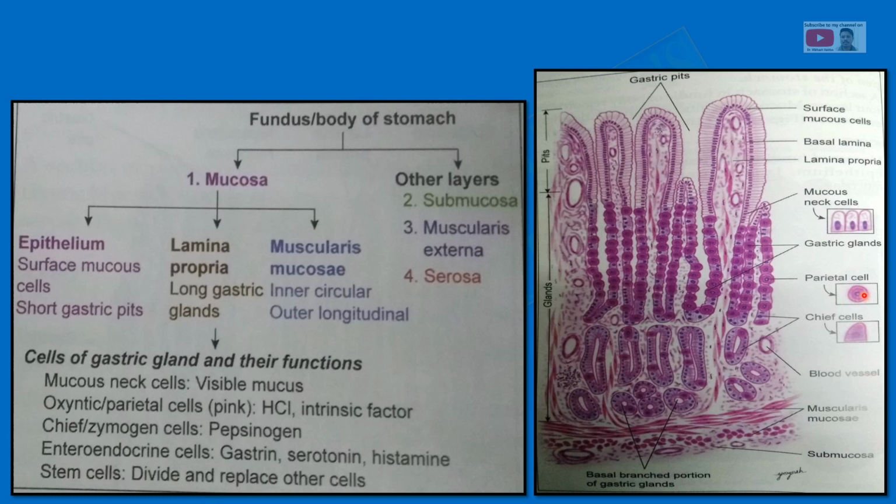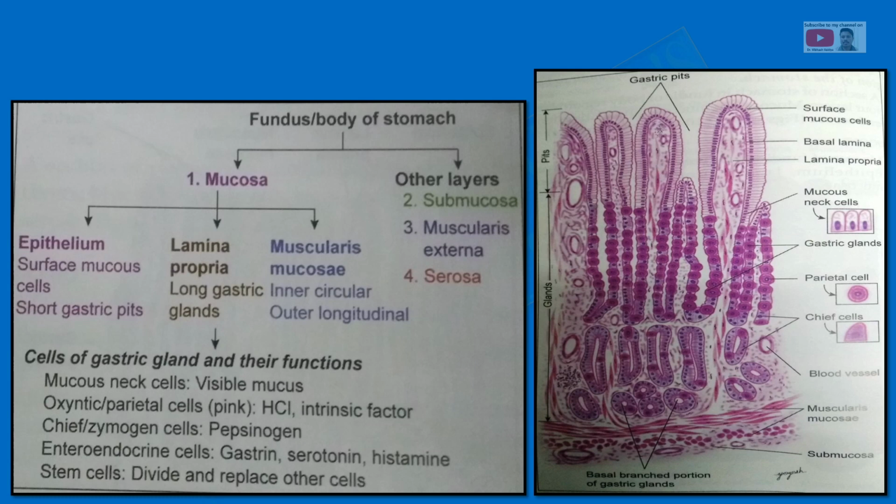Then the chief cells, also known as zymogen cells, secrete pepsinogen. They are more or less columnar in shape. Then the endocrine cells secrete gastrin, serotonin and histamine. And the stem cells divide and replace other cells.